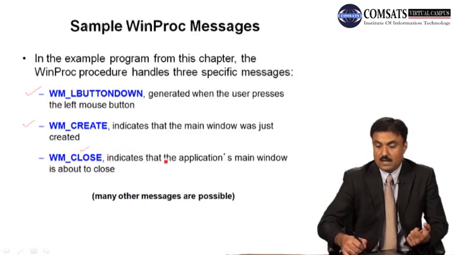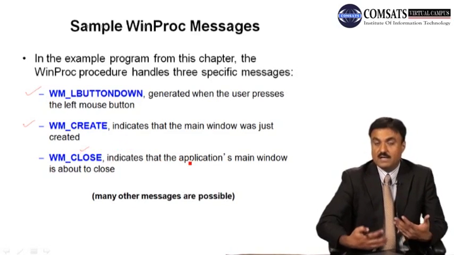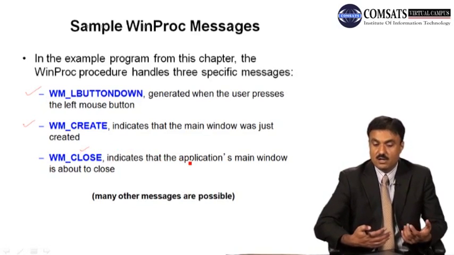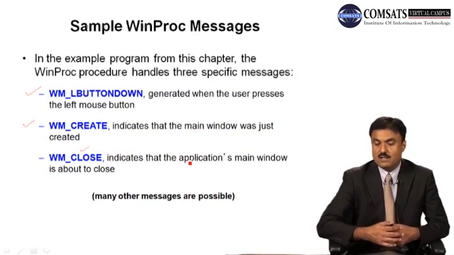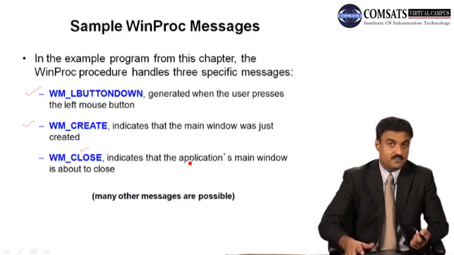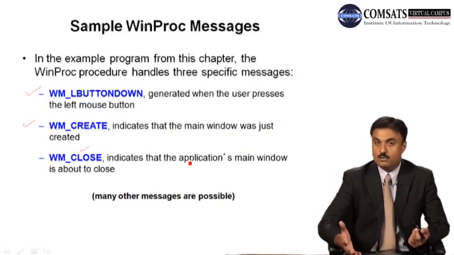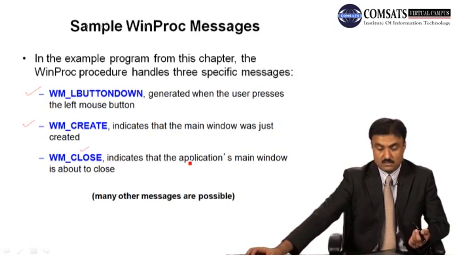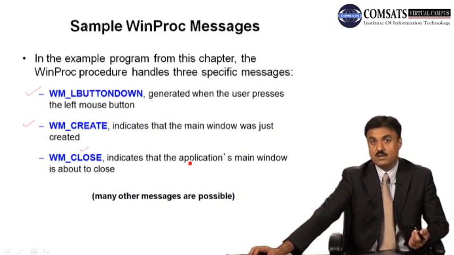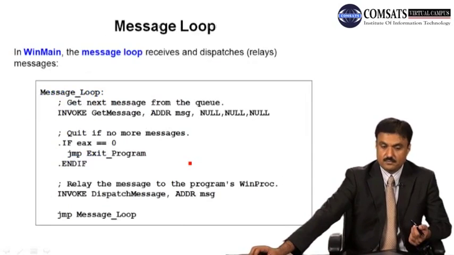WM_CLOSE indicates that the application's main window is about to close. There are so many other messages. There's a huge list: left button down, right button up, left button up, and so on. So there are so many: create, close, minimize, and so on.